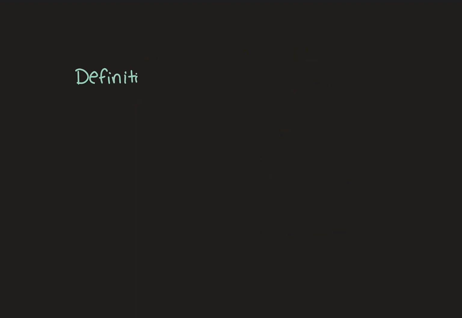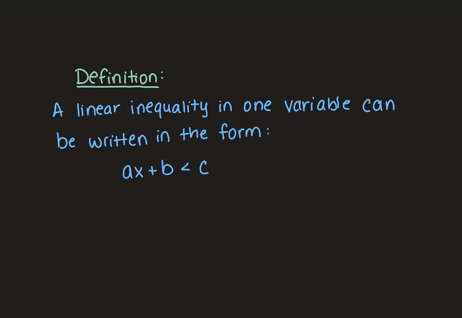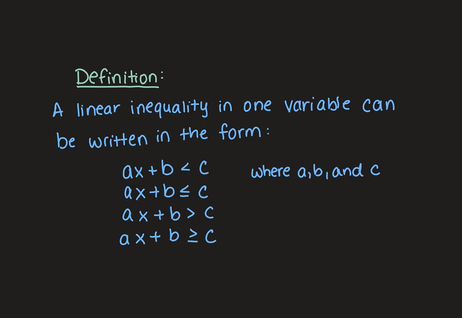So let's define what a linear inequality is. A linear inequality in one variable can be written in the form ax plus b less than c, ax plus b is less than or equal to c, ax plus b is greater than c, or ax plus b is greater than or equal to c, where a, b, and c are real numbers and a is not equal to 0.